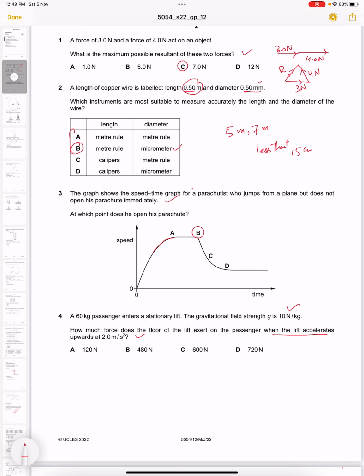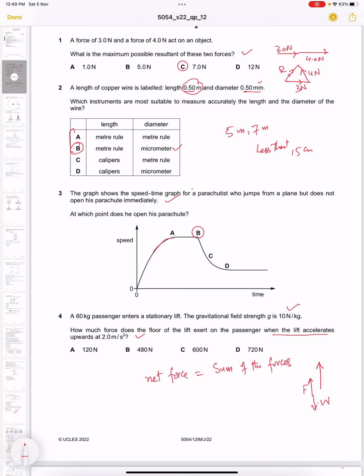From Newton's second law, we know that net force is equal to the sum of the forces acting on an object. So when the lift is moving upwards, the weight of the person acts downwards, meaning gravity, and the lift force acts upwards.